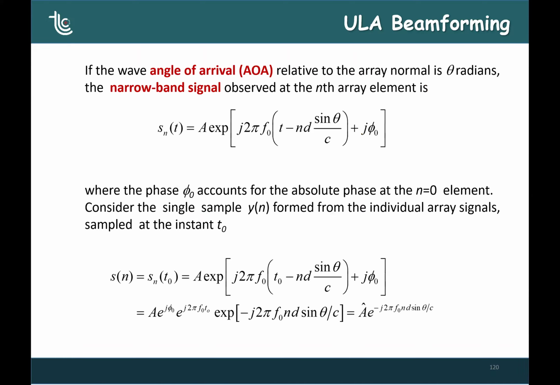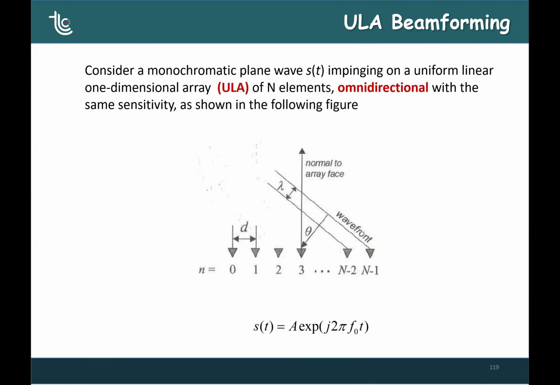Now this signal arrives at all the elements of the antenna, and suppose that our reference element is the first one, with index 0. We have n elements from 0 to n minus 1.